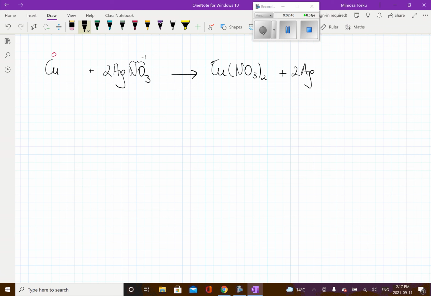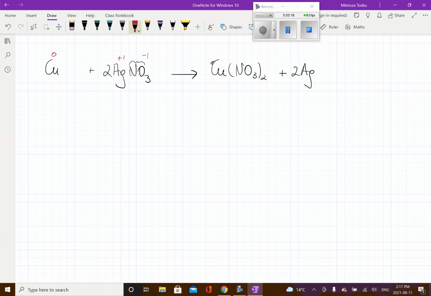So the whole thing here is a -1, and since the whole compound has to be 0, the oxidation number of silver will be +1 to make the whole thing 0.